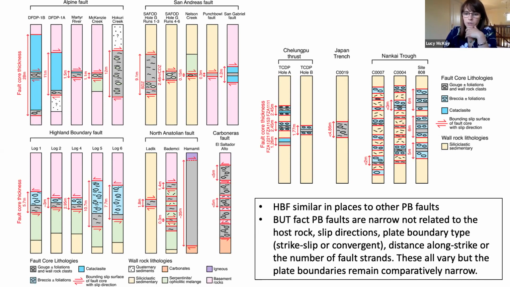These all vary, but the plate boundary faults still remain narrow. So we can only really say that the Highland Boundary Fault is comparable to other plate boundary faults in terms of fault core thickness. But this in itself actually has implications for how earthquakes behave.